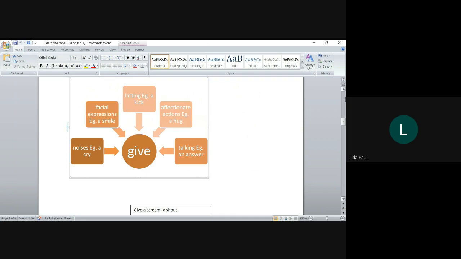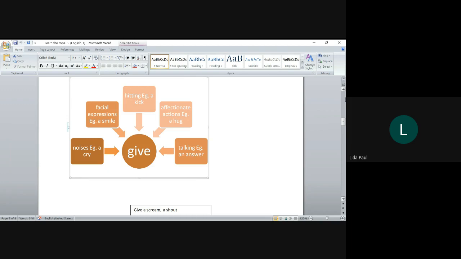Any expression related to the action of hitting someone also takes the delexicalized verb give. Next is affectionate actions, give a hug. So even for those kinds of expressions, you can use the verb give.